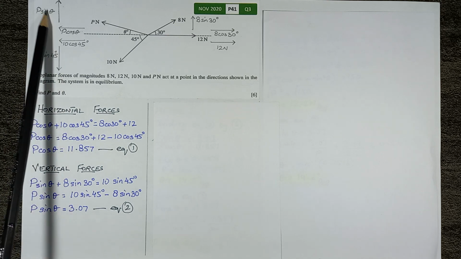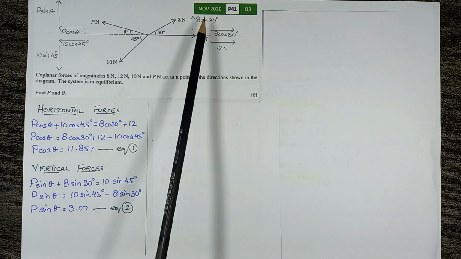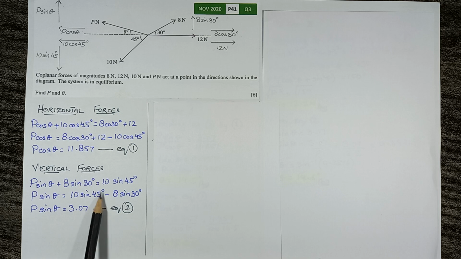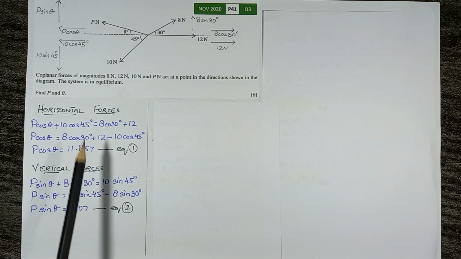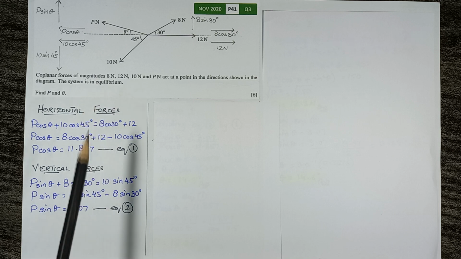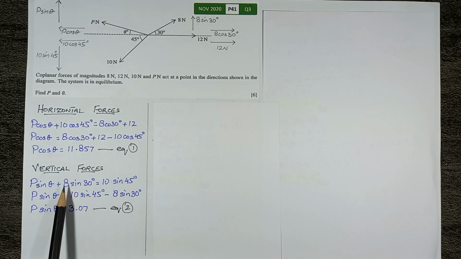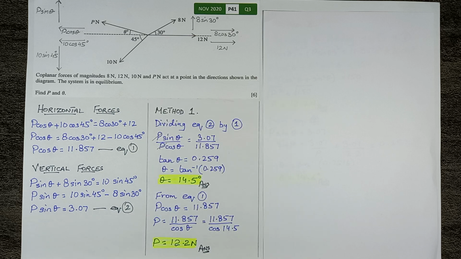So P sin theta plus 8 sin 30 degree would be equal to 10 sin 45. Why have we made them equal? Because the condition is equilibrium. Now 10 sin 45 minus 8 sin 30 degree after simplification would be 3.07, and that is equal to P sin theta. We have two different methods to solve them.